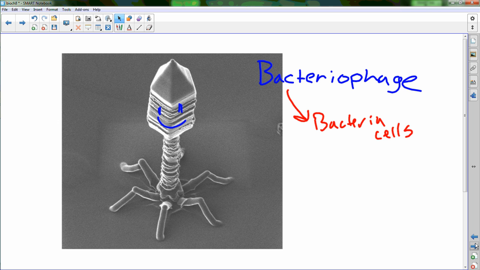But bacteriophages are used all the time to study how simple genetics work, because bacteria cells are simple and easy to study, and how the bacteriophages interact with them is simple and easy to study. So we can use that to gain some insights into how DNA works.